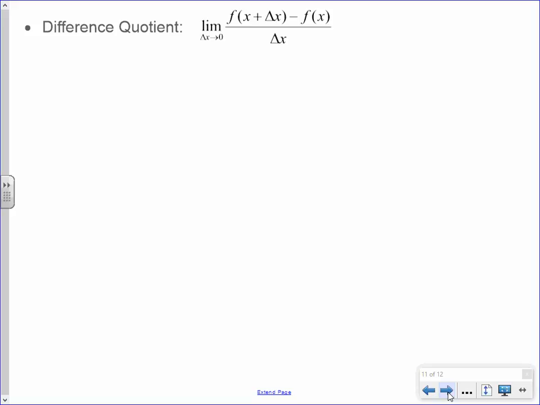Now, in our homework, you will see delta x used instead of h. Delta x, my physics people, what does delta x stand for? Oh, change. Okay, so delta x means change in x.